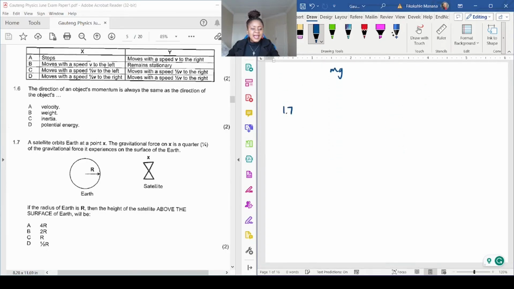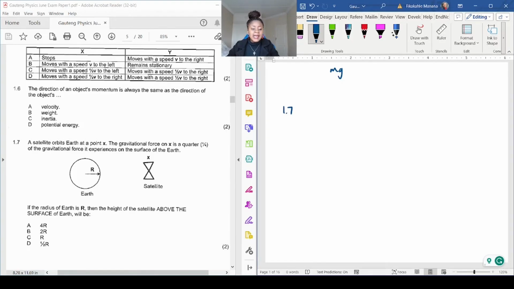A satellite orbits Earth at point X. Okay, so there is the satellite. The gravitational force on X is a quarter of the gravitational force it experiences on the surface of the Earth.